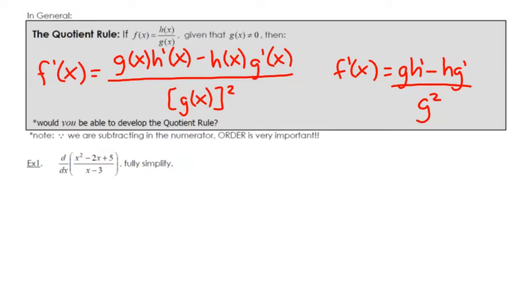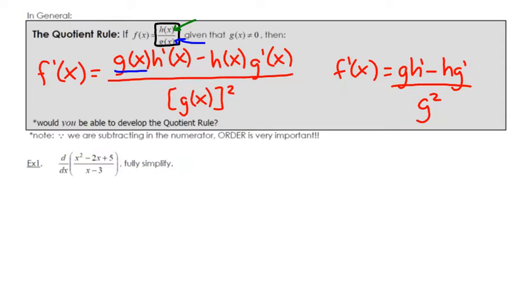So f at x is equal to this function. And we have a numerator function, and then a denominator function. I say denominator weird now. So the way that we do the quotient rule is you have g at x first, don't touch it.